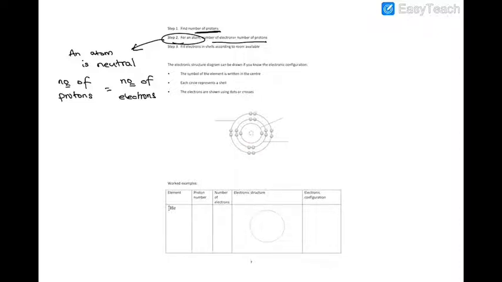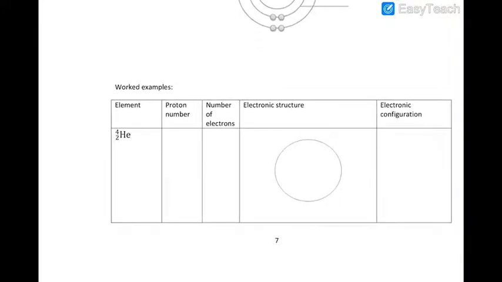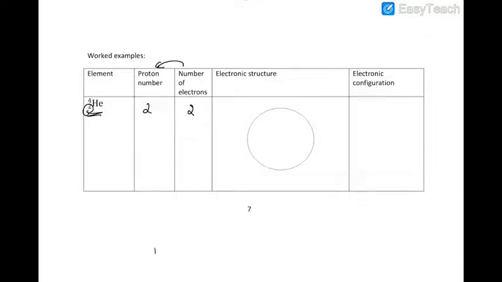So let's see how we apply this. We take the first example. We have the element helium. From this, we know that the proton number, the smaller number, is 2, so we have 2 protons. Number of electrons will be the same as the number of protons. The electronic structure will have the symbol at the center, and then we'll have the 2 electrons that fit in the shells.